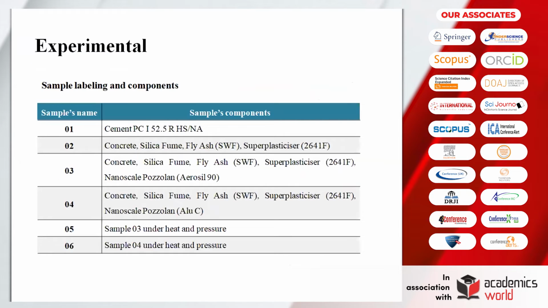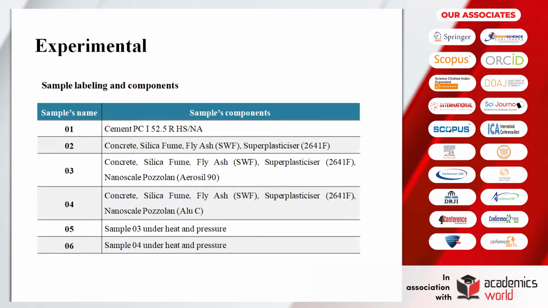Here is our experiment. We have produced 6 samples, where the first one is the normal concrete. In the second one, we have added superplasticizers, which help us reduce the water content in the matrix.